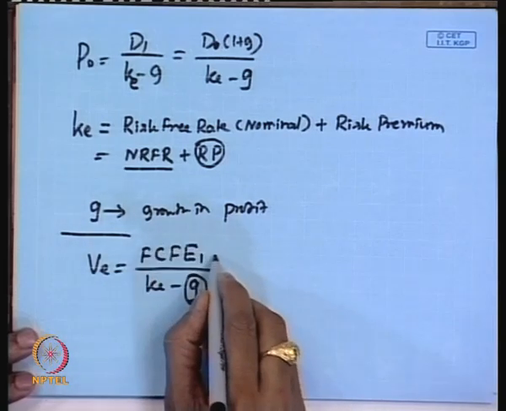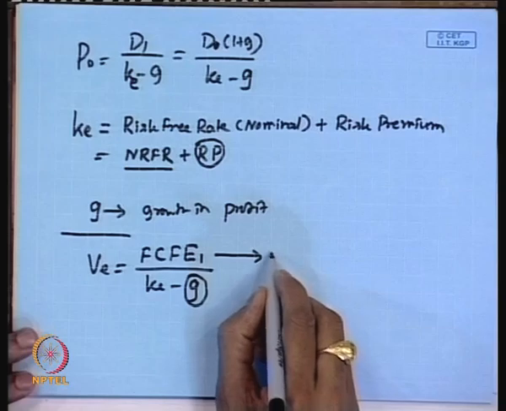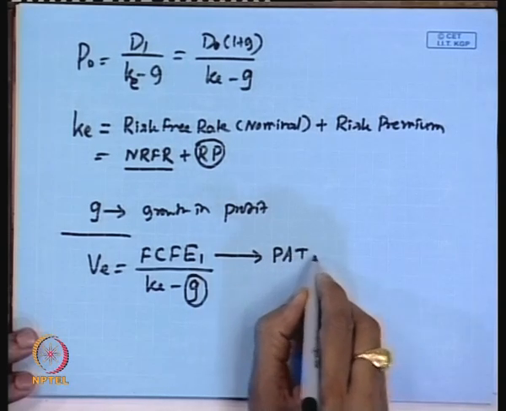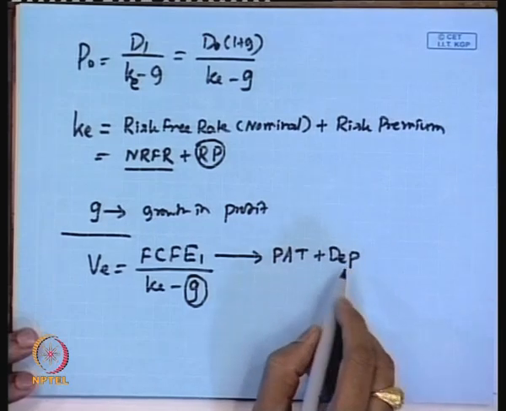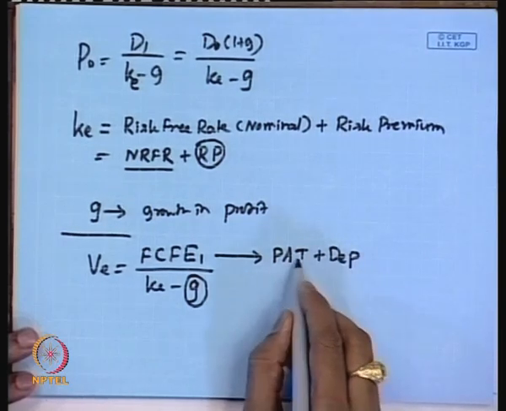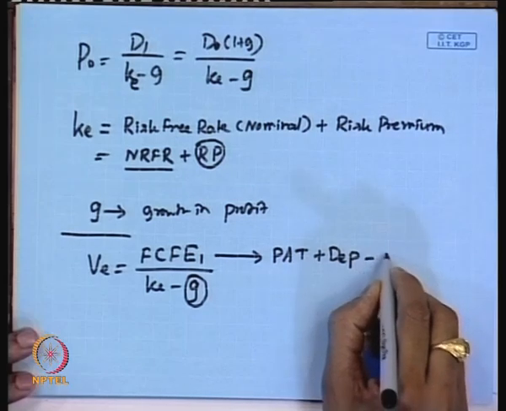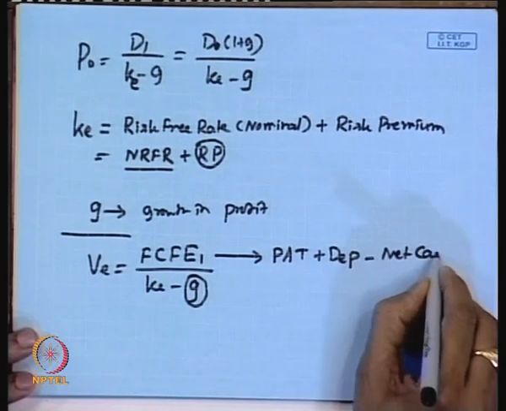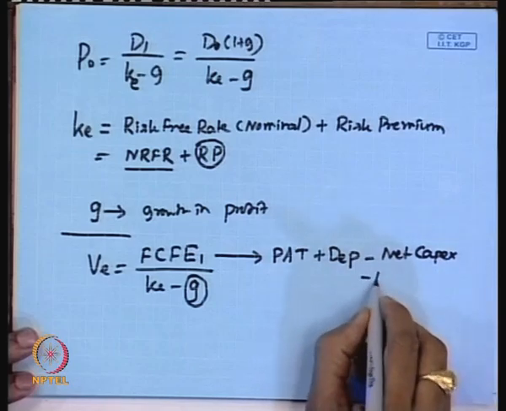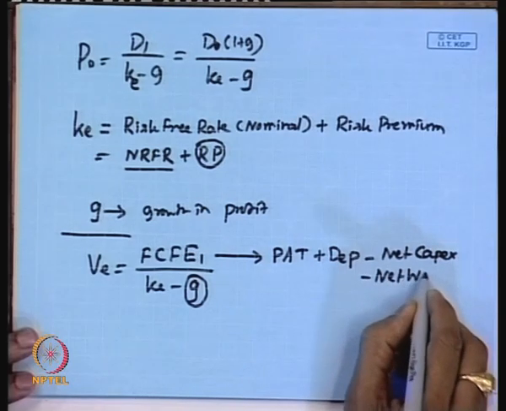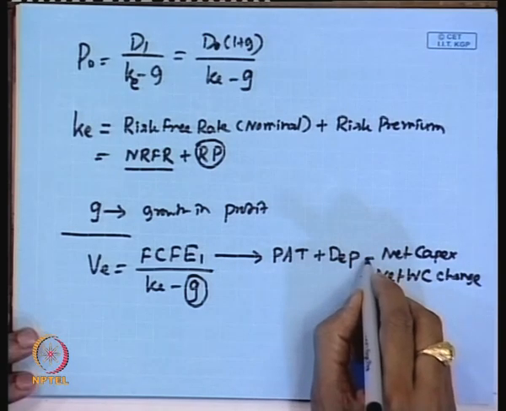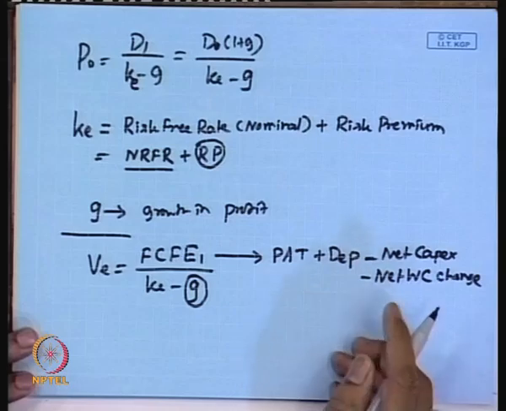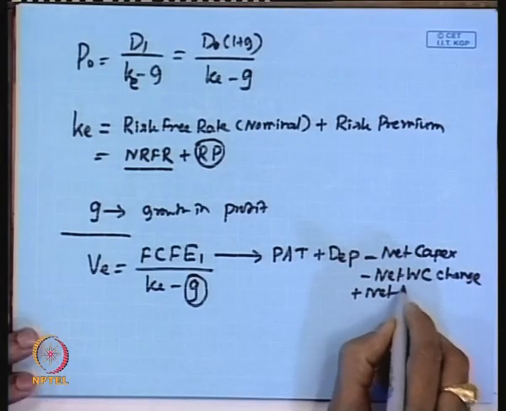So, this free cash flow to equity is a function of profit after tax. Then what we do, we add back the depreciation, because depreciation does not involve any cash outflow. So, that is getting added. Then we take out the net capex or net investment, then take out net working capital change, right, and then you have got other things which are a commitment for the company, and we can go for net borrowing.